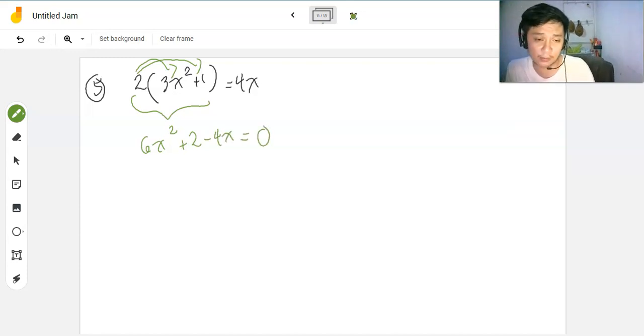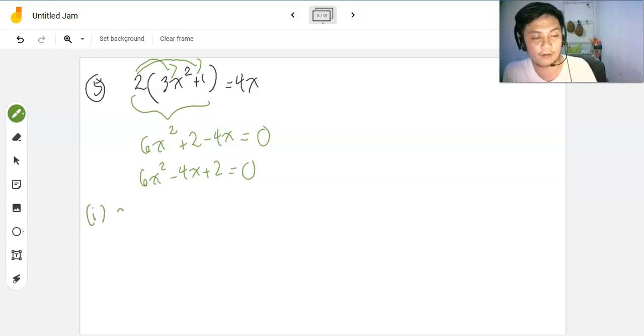So, ang ating next na gagawin na lang yan is to rearrange this. So, magiging 6x squared minus 4x plus 2 equals 0. O, tapos, naka-standard form naman na yan, step 1 na tayo. Value ng A ay 6, value ng B ay negative 4, at ang value ng C ay 2. At ano ang step 2?